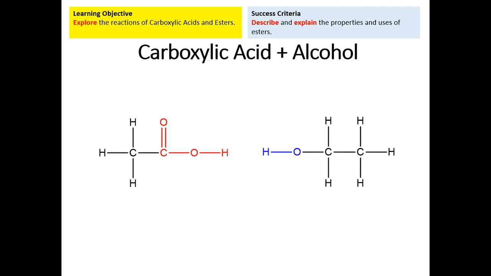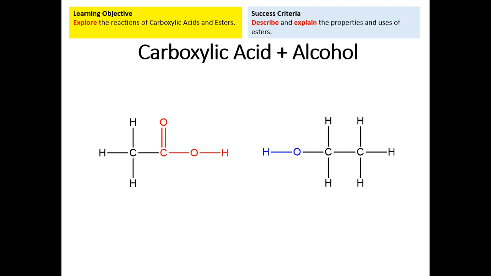Now, on the right, you've got your alcohol, and we've flipped it round because it's the OH, the functional group of each of these, that does the reacting. Remember, the alkane bit doesn't do anything. It's the functional group, so it's either the COOH in the carboxylic acid or the OH of the alcohol that is going to do the reacting.